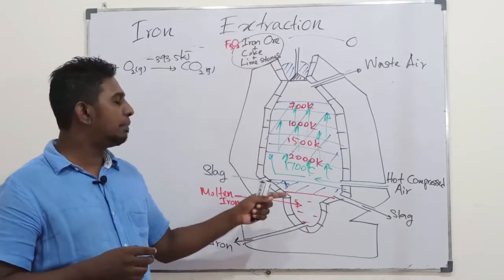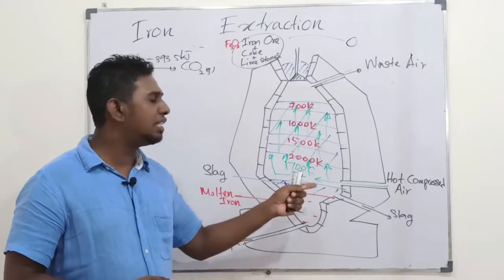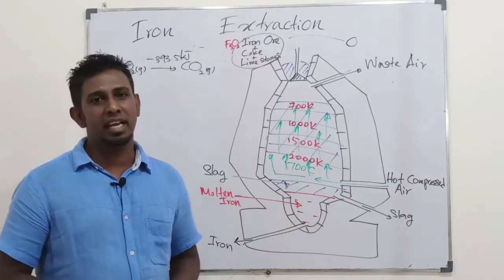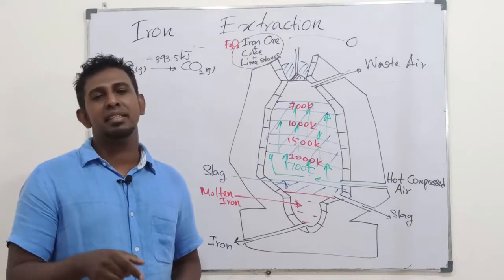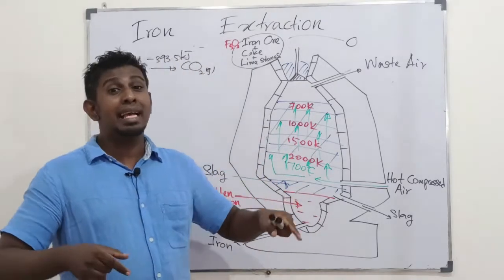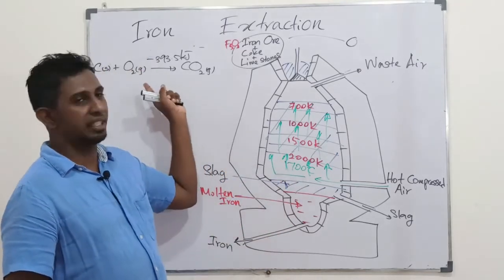You need to optimize these to get the desired combustion at the bottom, maintaining this high temperature. And another thing: you need to maintain the coke amount at more than is required for this reaction.